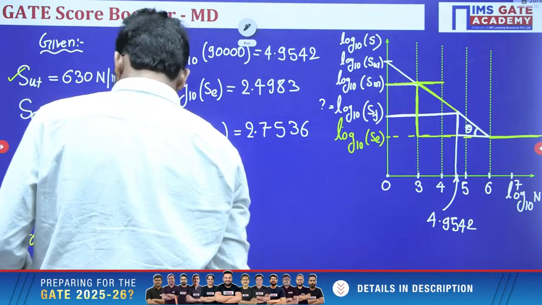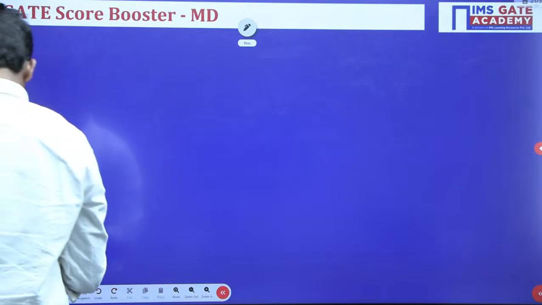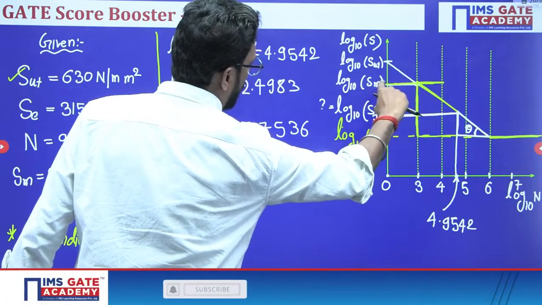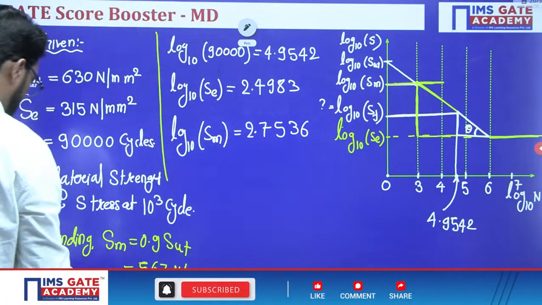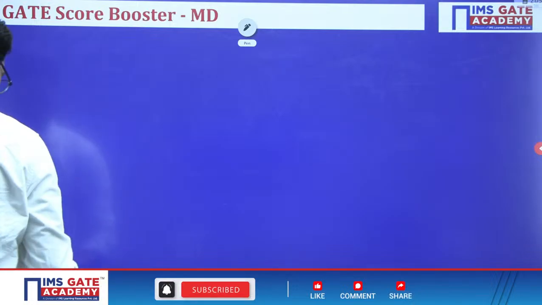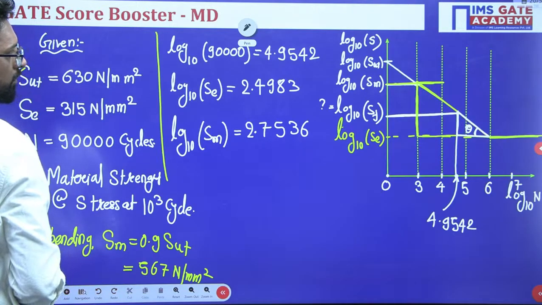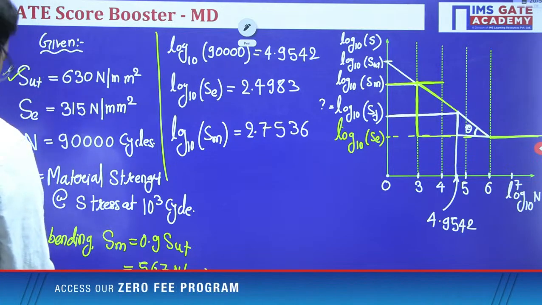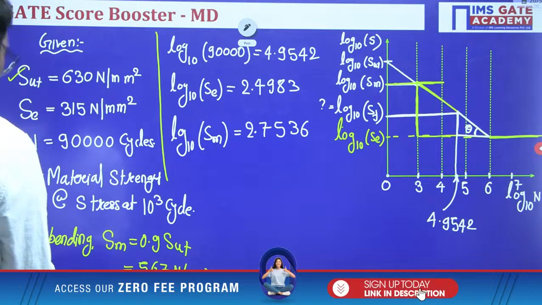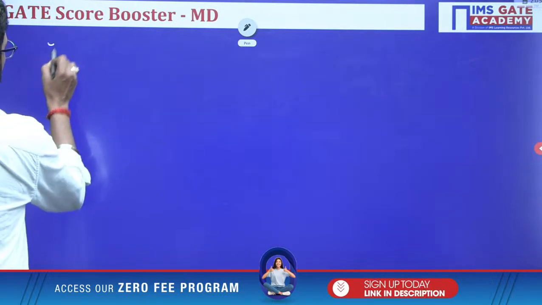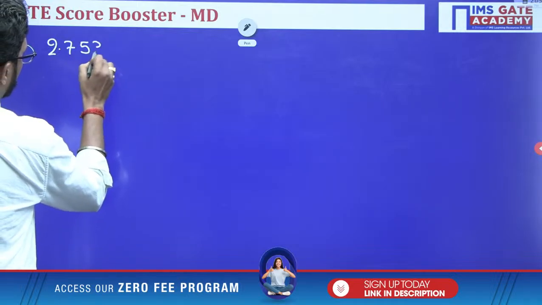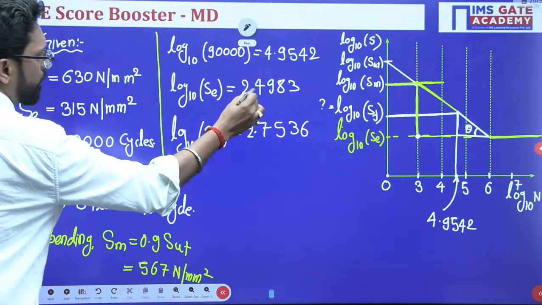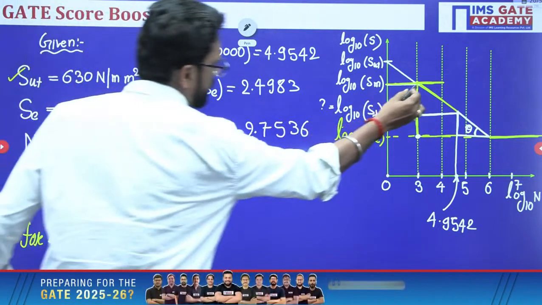So we write like that here. This height is how much? Log base 10 Sm, 2.7536, divided by log SE, minus this.